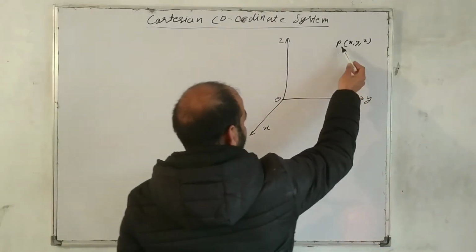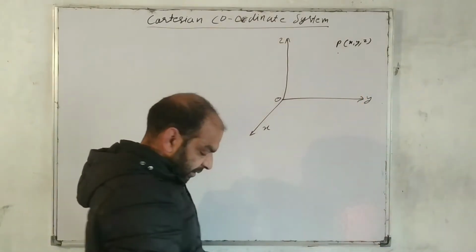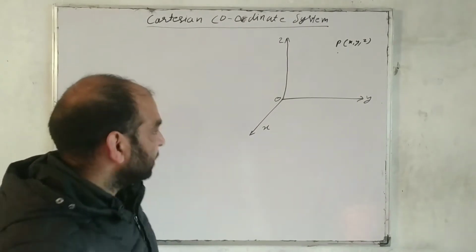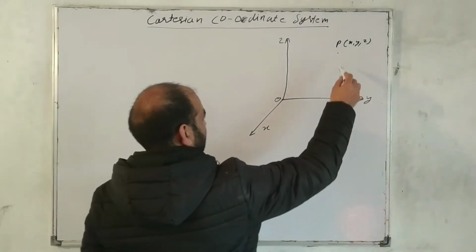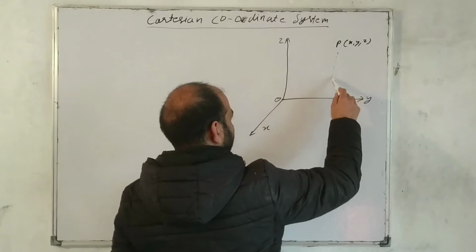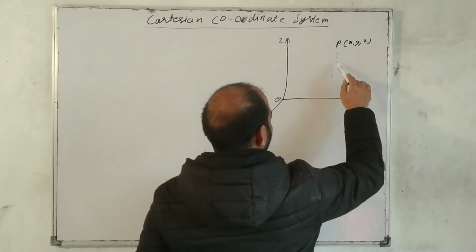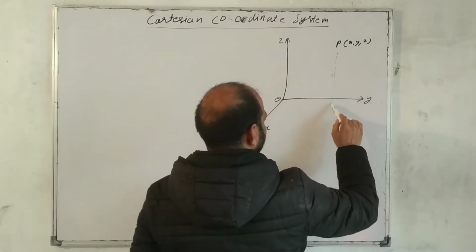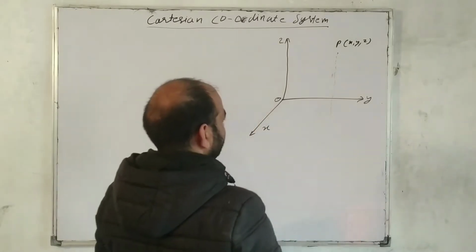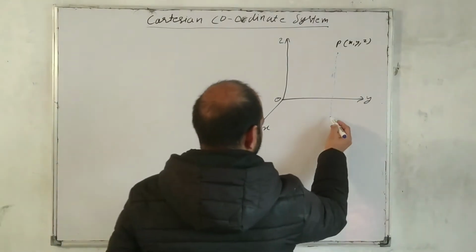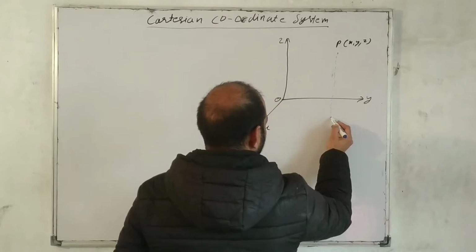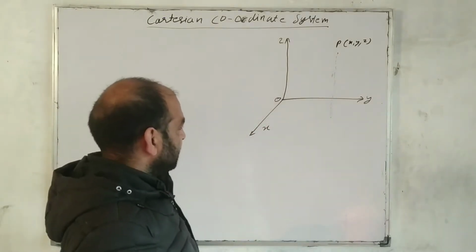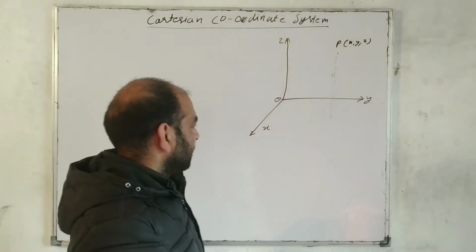So why do we write x, y, z? Let's drop a perpendicular from point P on the xy plane. This is the point where this perpendicular meets the xy plane.